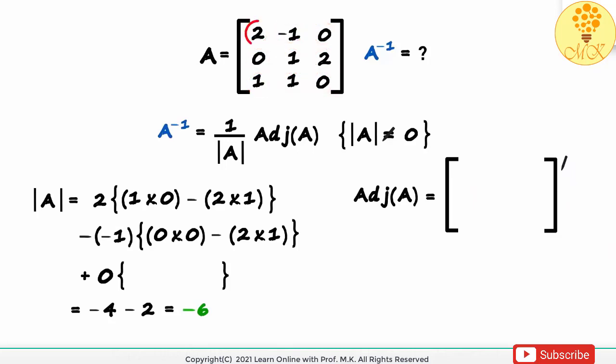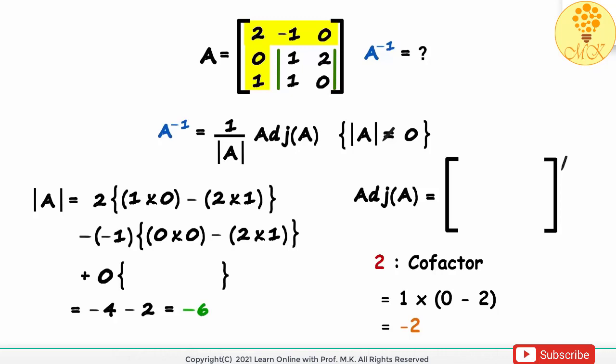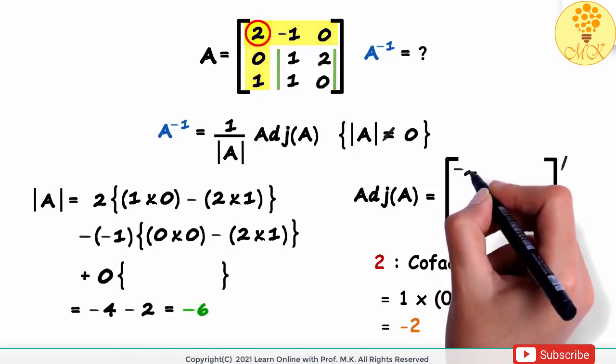The first element is 2. Its cofactor will equal -1 raised to 1 plus 1 times its minor. Its minor is the determinant of what's left after excluding its row and column. So the cofactor will equal 1 multiplied by 0 minus 2. Minus 2. The cofactor of this 2 is -2.